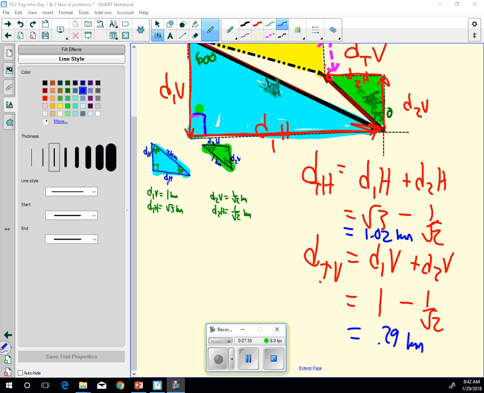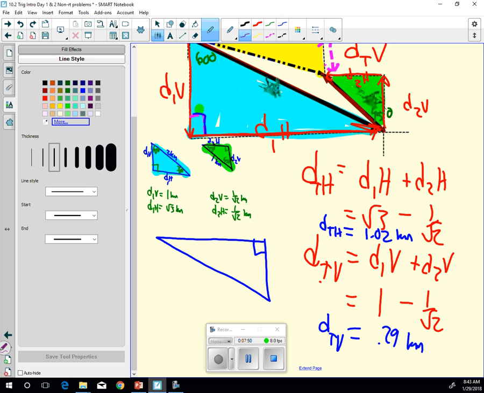So they had, for the distance total horizontal, 1.02, distance total vertical, 0.29. So now I'm going to draw one last triangle. This is my yellow one. This is the distance total vertical, which is 0.29 kilometers, and the distance total horizontal was 1.02 kilometers.